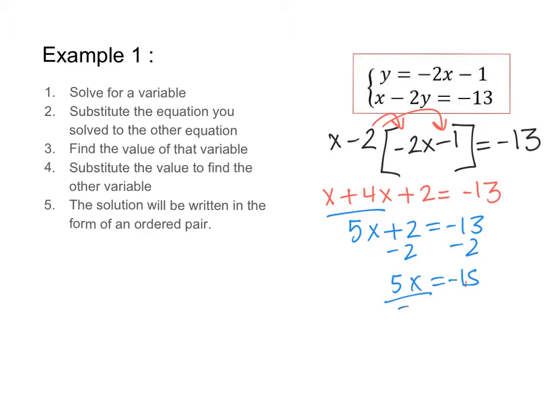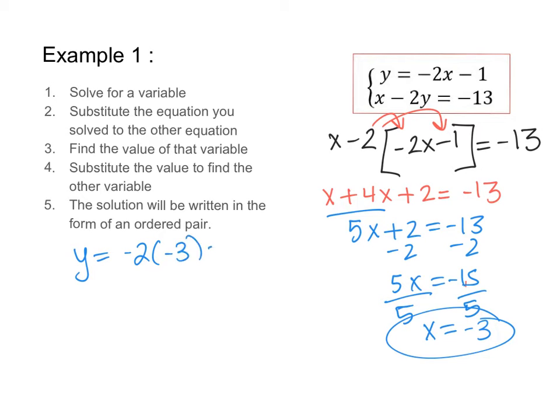And dividing by positive 5, I get x is equal to negative 3. And then you substitute it into the original. So that's negative 2 times negative 3 minus 1, which gives me positive 5. So my answer to the solution is negative 3, positive 5.